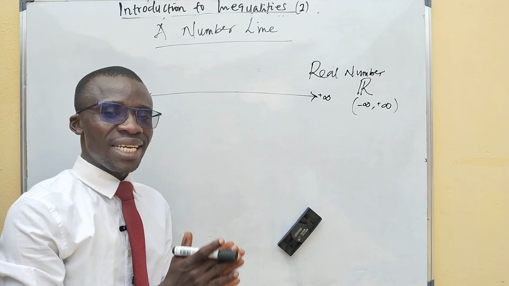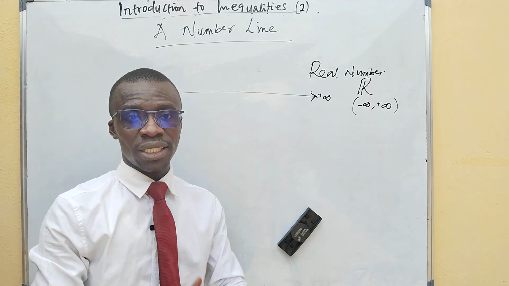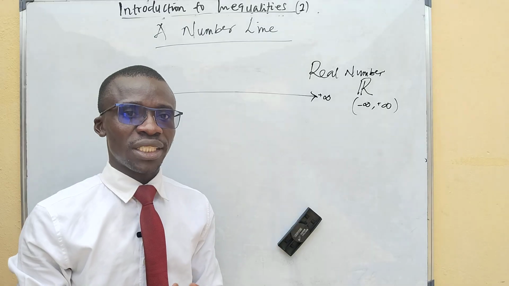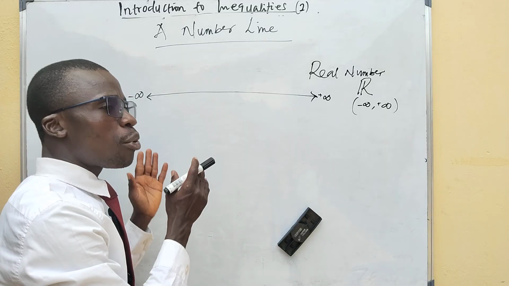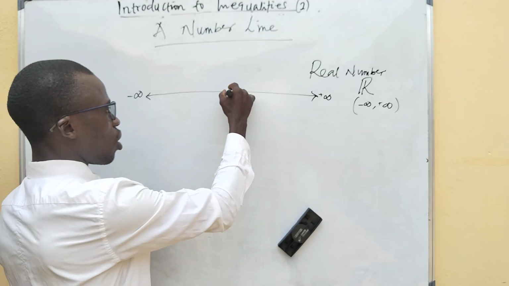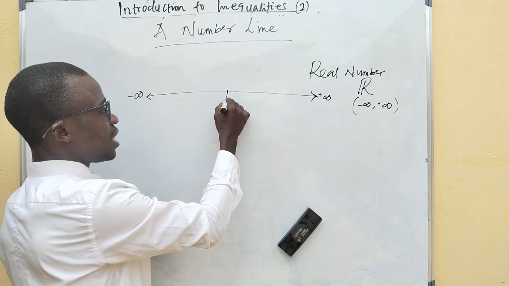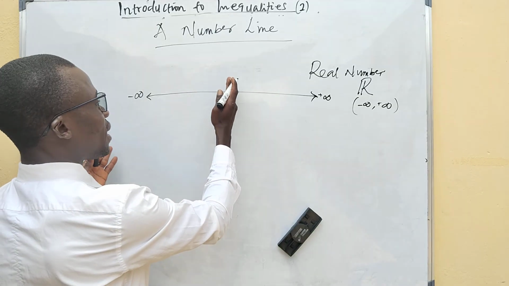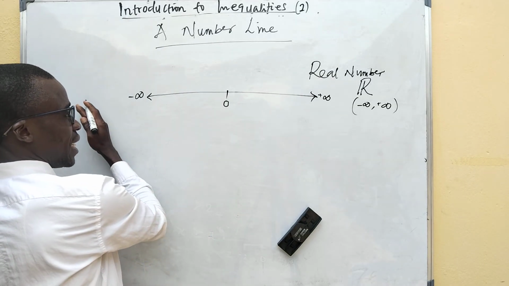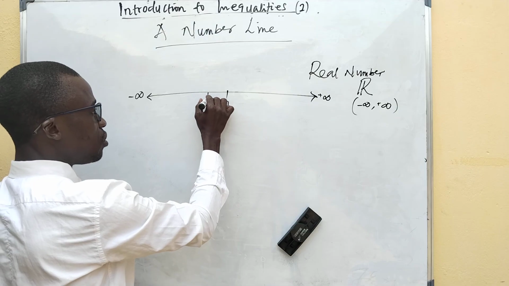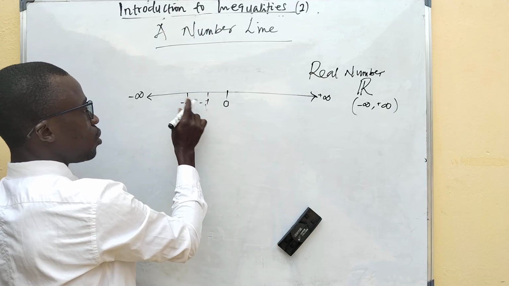Then real numbers are made of natural numbers, integers, and irrational numbers. When we talk of integers, integers are the set of positive numbers and negative numbers. Meaning in this number line, let's assume here is the center, 0. From 0 to the left-hand side are all negative values.